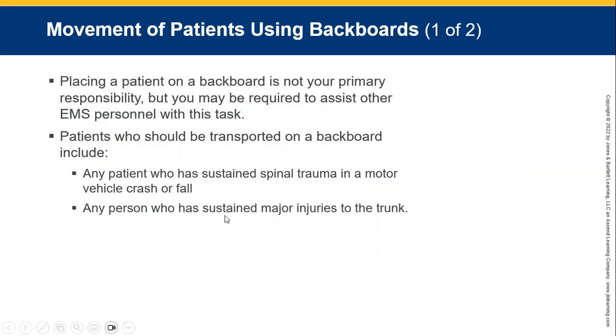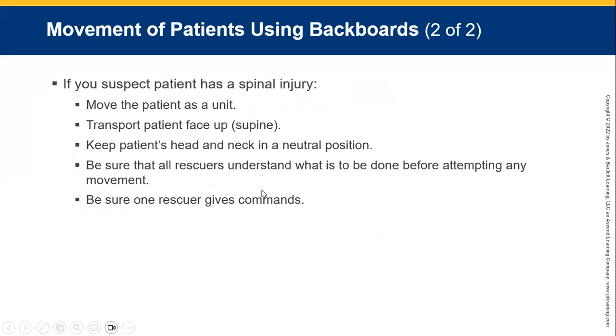Okay. With any patient that has been in a vehicle accident or has a spinal injury, we want to make sure that we have the correct personnel, the correct equipment, and the correct techniques to move that patient, so that we don't cause paralysis or even death of that patient. All right.